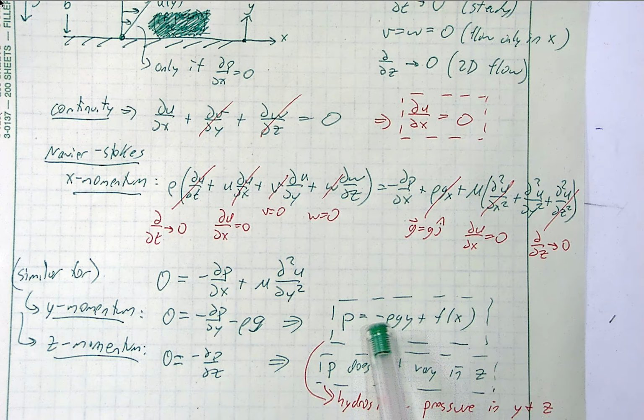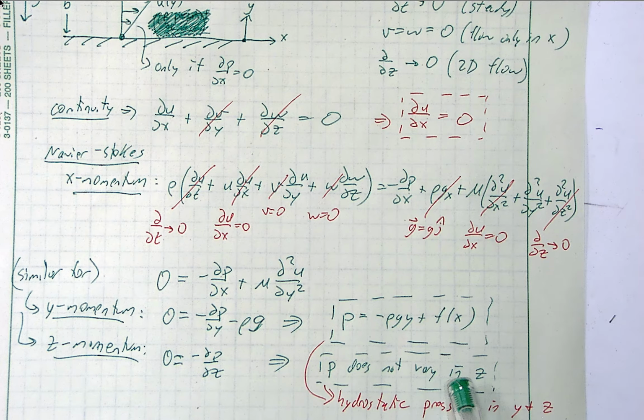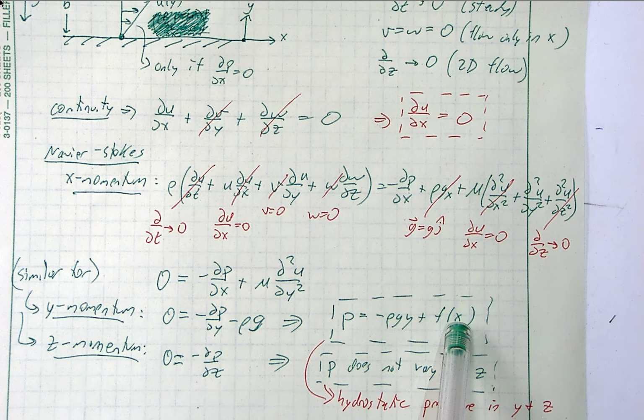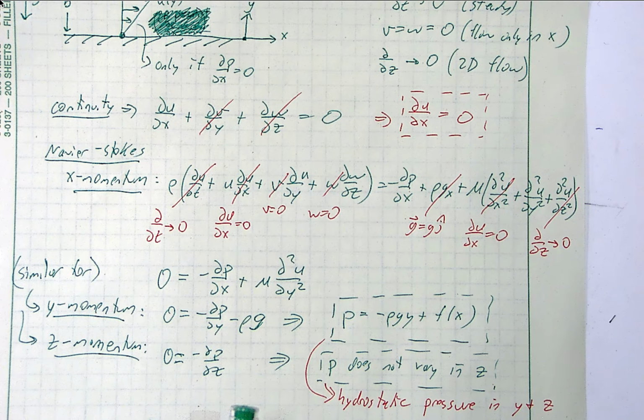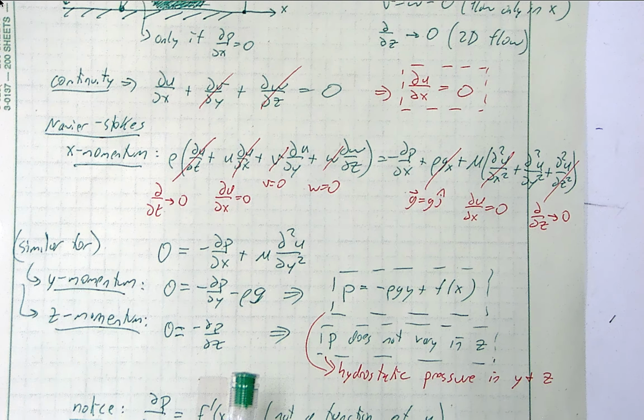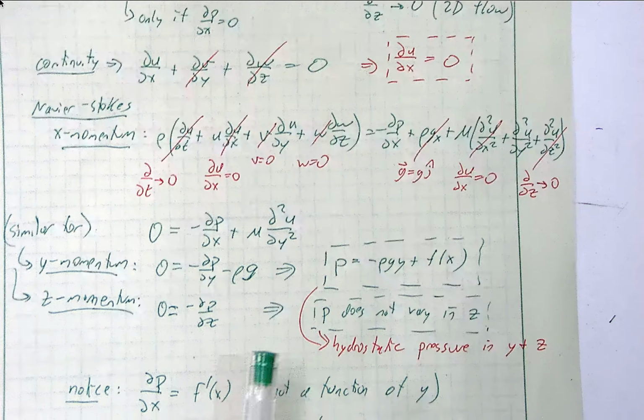So it could change in x, but its change in y is purely hydrostatic, and its change in z is nothing because it's in the horizontal here. So in y and z, pressure acts like it's hydrostatic, but this extra x dependence is going to deviate it from hydrostatic pressure, in general.